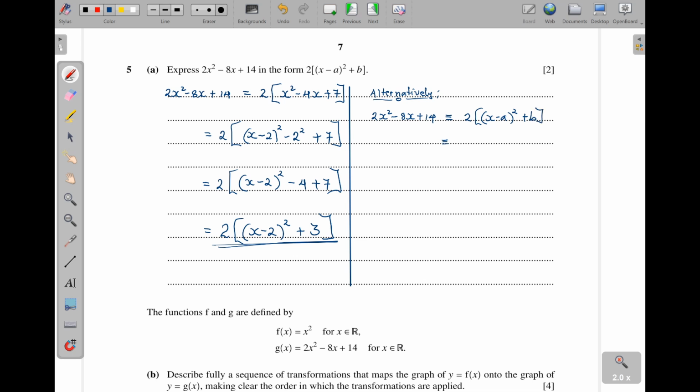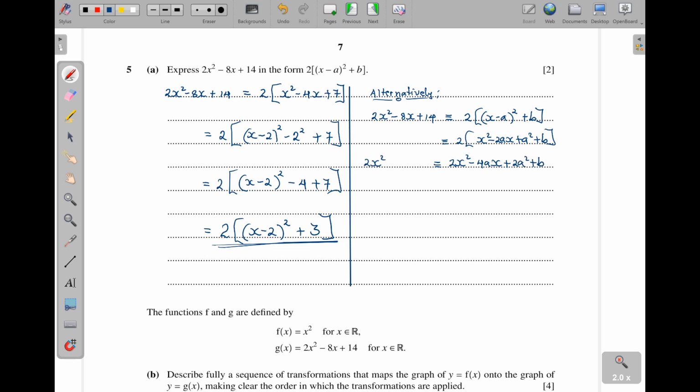When we open the brackets, first of all you'll get x squared minus 2ax, then plus a squared. Then there is this plus b. Multiply all through by 2, that is 2x squared minus 4ax, then plus 2a squared plus b.